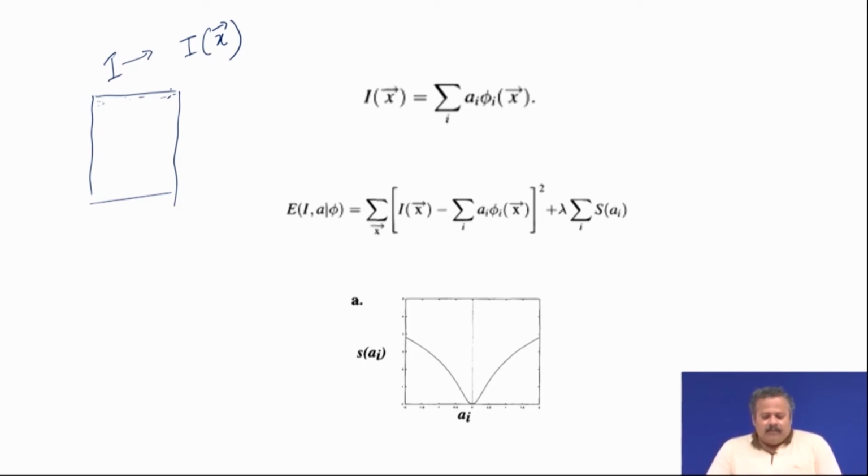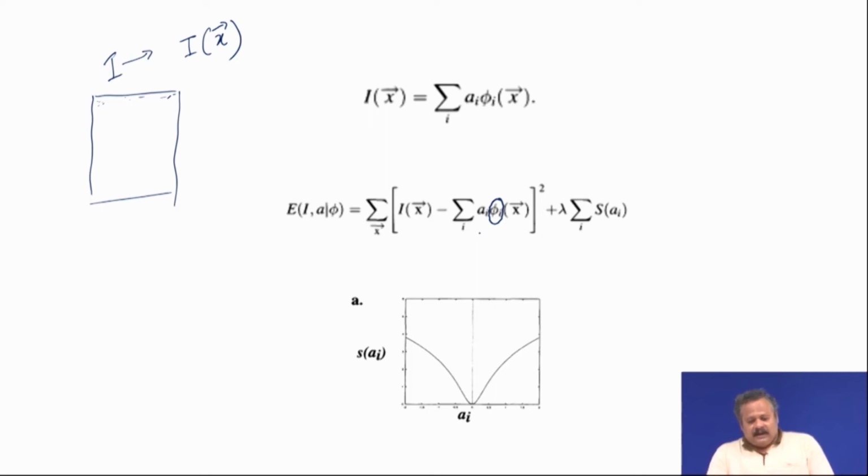Now, we are using a basis for the activity of the units, phi i. That is akin to the receptive field of the ith unit. So, phi i, multiplied by the activity level Ai, is what information it is keeping about the image.